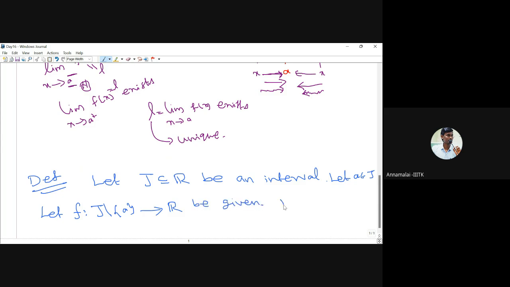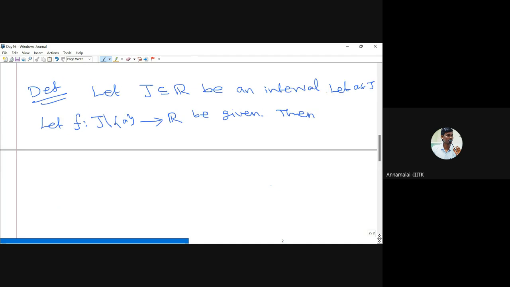Then the limit as x tends to A of f of x equals L if you take any sequence xn converging to A, with xn not equal to A.